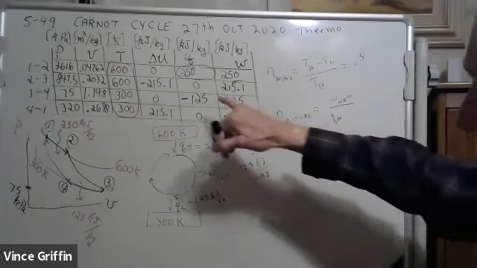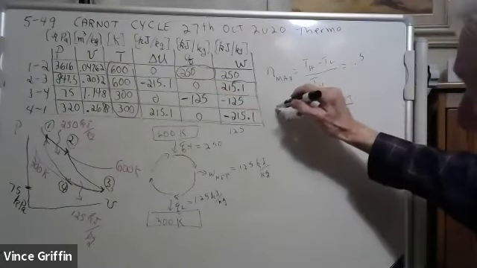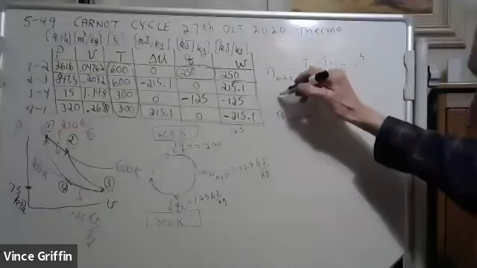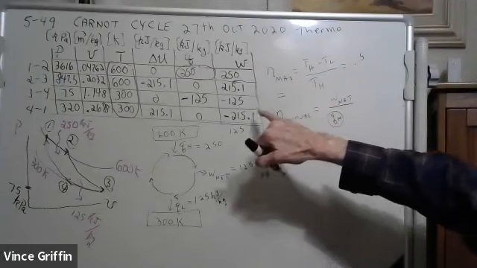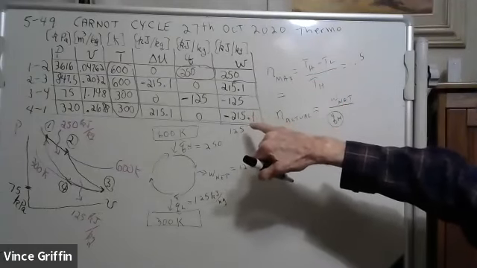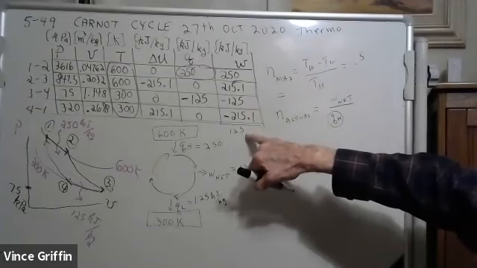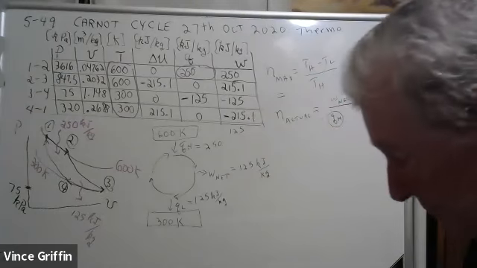Well, see, the QH is 250, it's given. And now you know that this is going to be 0.5 because these are going to be equal. And so this has to be the 125. That's where the 125 network came from. Did that make sense to anybody, or do I need to explain it better?